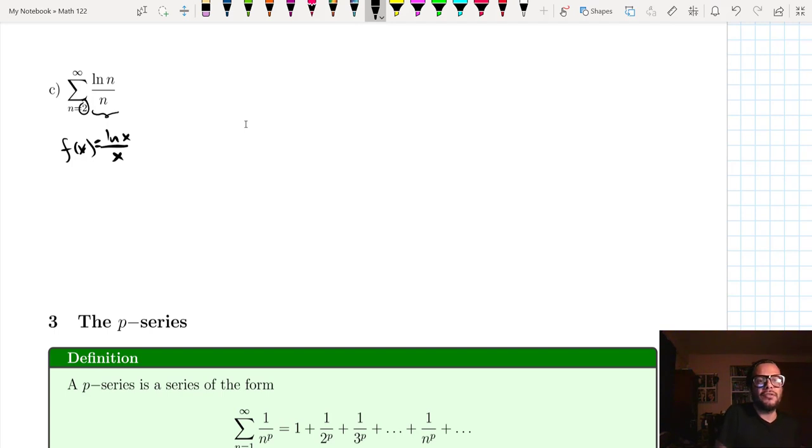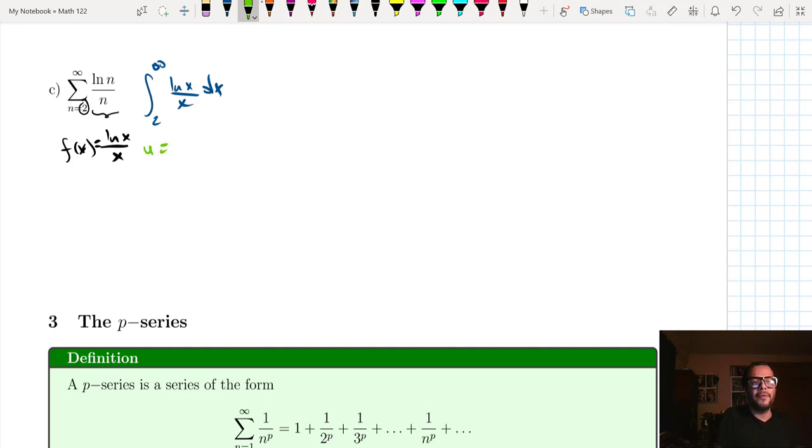Okay, so let's write this as an integral. So the improper integral from 2 to infinity of ln of x over x dx. In this case, we need to do a u substitution.